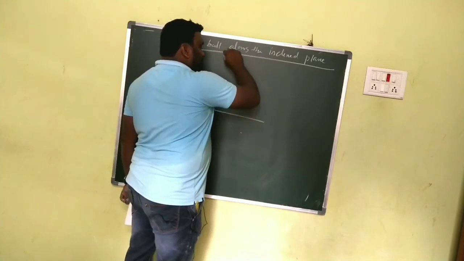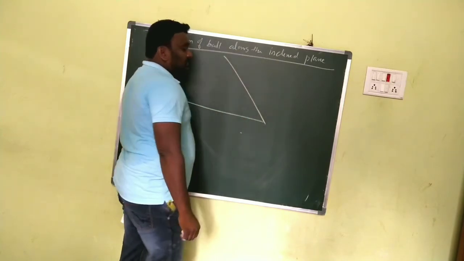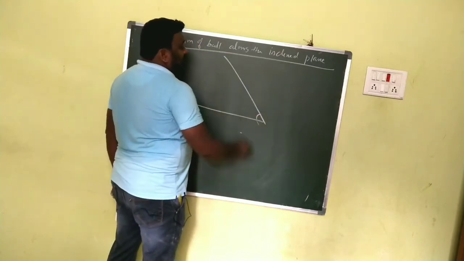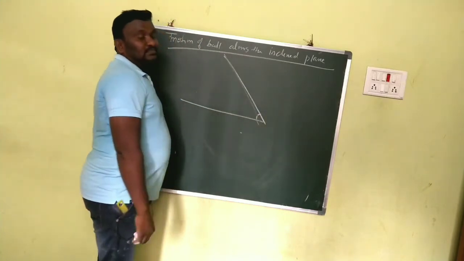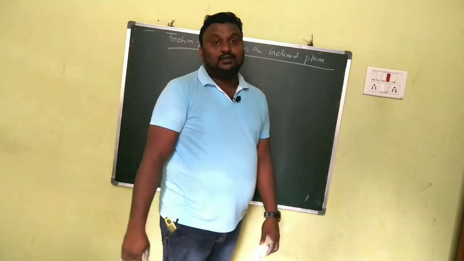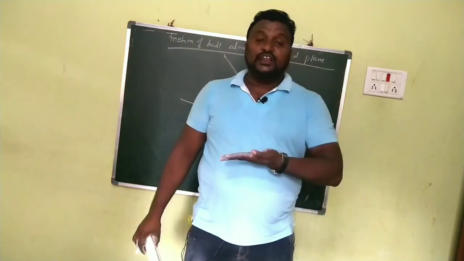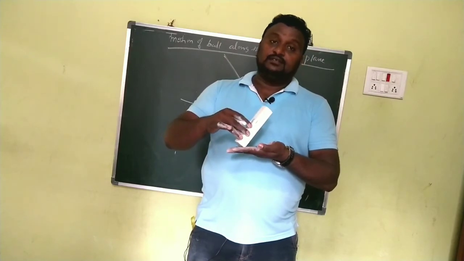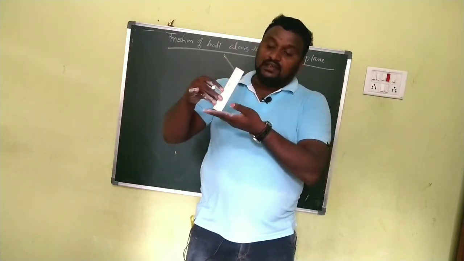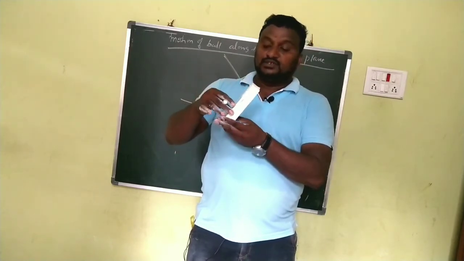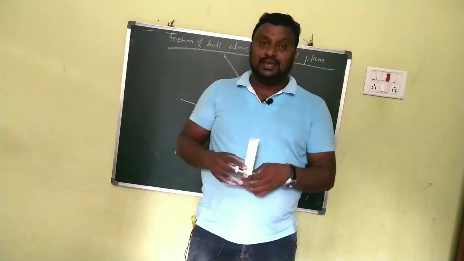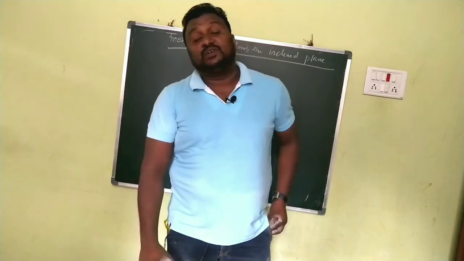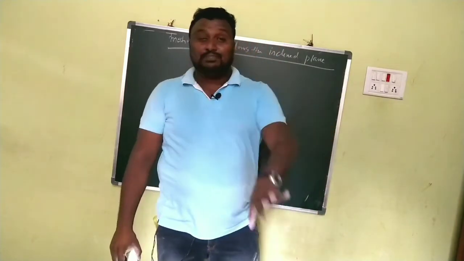The plane which makes some angle with the horizontal is called an inclined plane. For example, here this is the horizontal surface. For that I am taking this plane here. It will make some angle here. So it is the slope, the inclined plane. It is a surface which makes some angle with the horizontal surface, that is called an inclined plane.